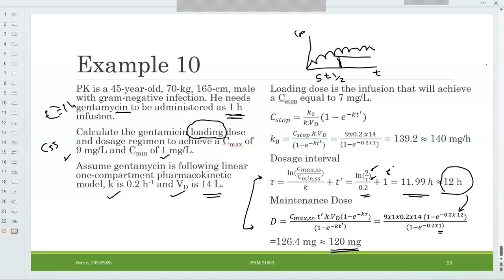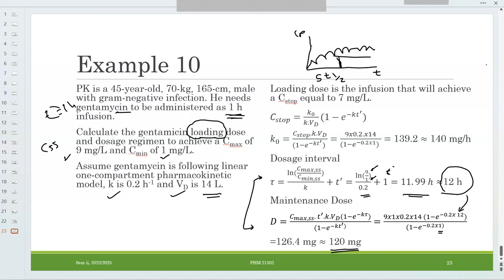I want rapid effect, so I want to achieve effective concentrations immediately. So I give a loading dose that will achieve the target levels from the first dose, and then the function of the maintenance dose is to maintain the concentration.